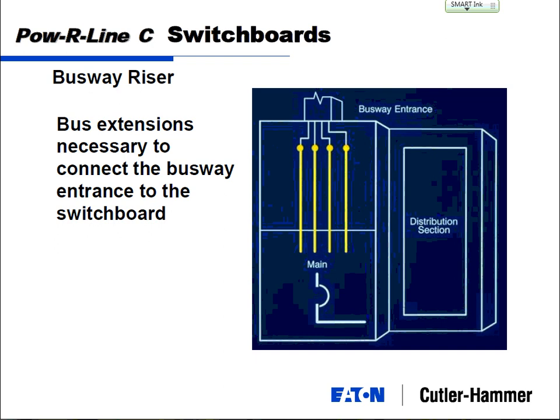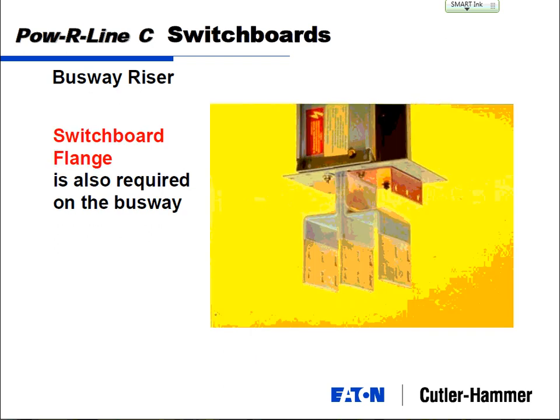Actually, let me look at this next picture here. This is busway, and you've got A, B, and C here. Inside that busway, you've got 3 bus bars, one for A, one for B, one for C. You might have one for neutral, you might have one for ground. All these bus bars are insulated, wrapped together, sandwich packed, and then aluminum around that.